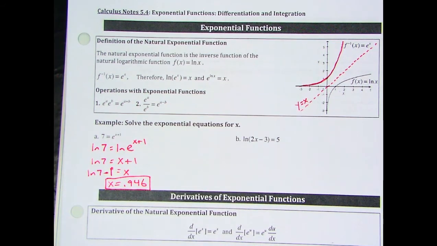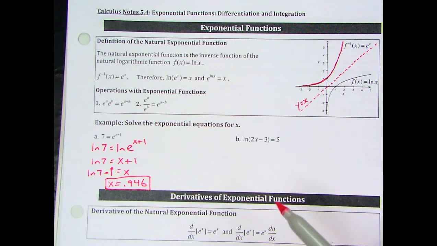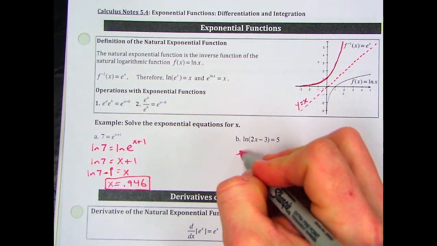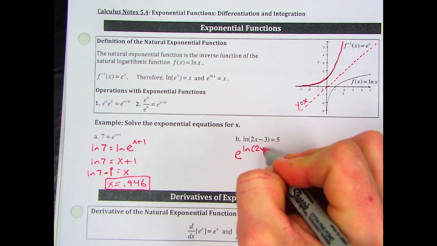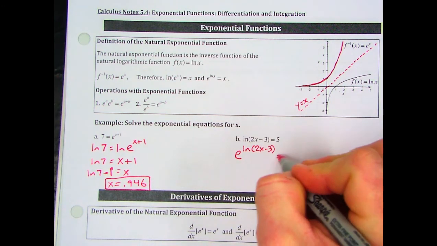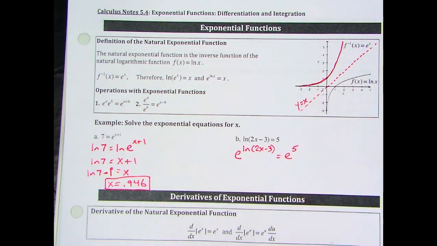Okay. So in our second example here, we have the natural log of 2x minus 3 equals 5. So how do we undo the natural log function? Well, it's not times e. The power of e? We do this. e to the power of natural log 2x minus 3 equals e to the power of 5.